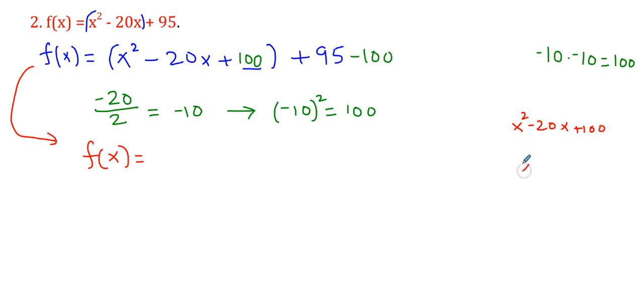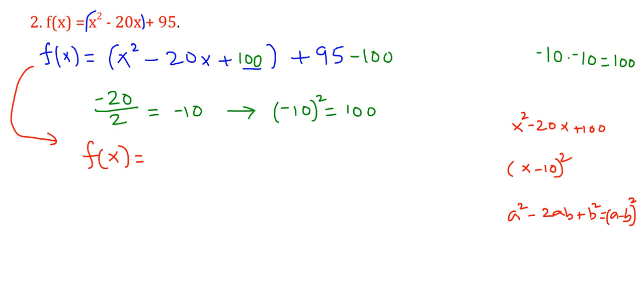That is (x minus 10) whole square, because x square, then 2 times x times 10 is 20x, plus 10 square is 100. This is what I'm saying, a square minus 2ab plus b square, using that perfect square trinomial, that is (a minus b) whole square.